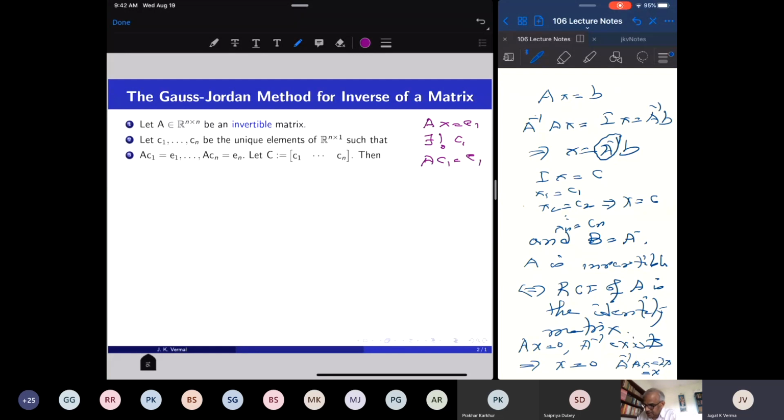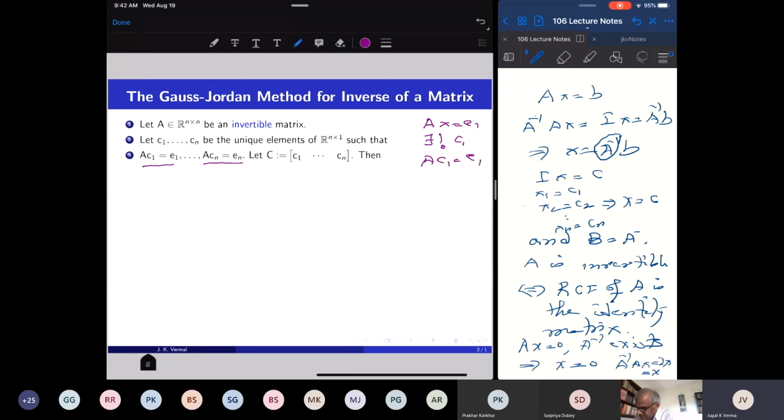Similarly, we find a unique C2 so that AC2 is equal to E2, and a unique Cn so that ACn is En. We solve these n systems of inhomogeneous linear equations by converting A into the row canonical form.